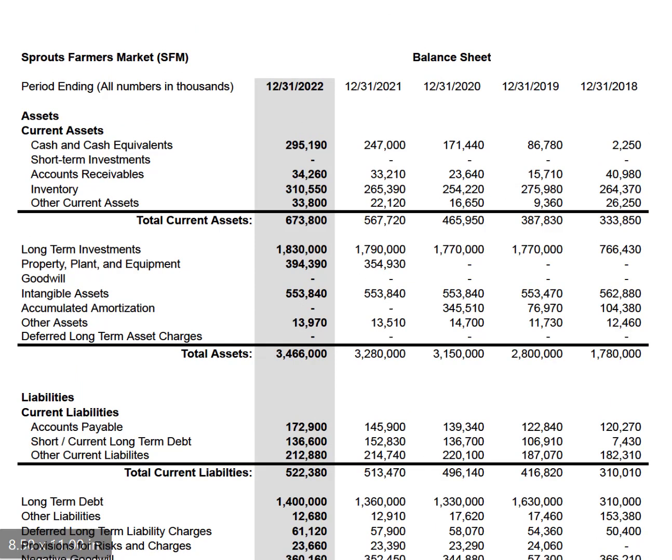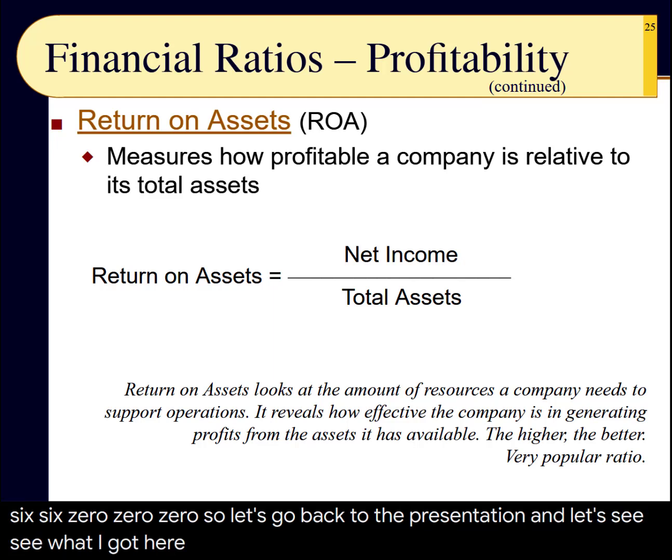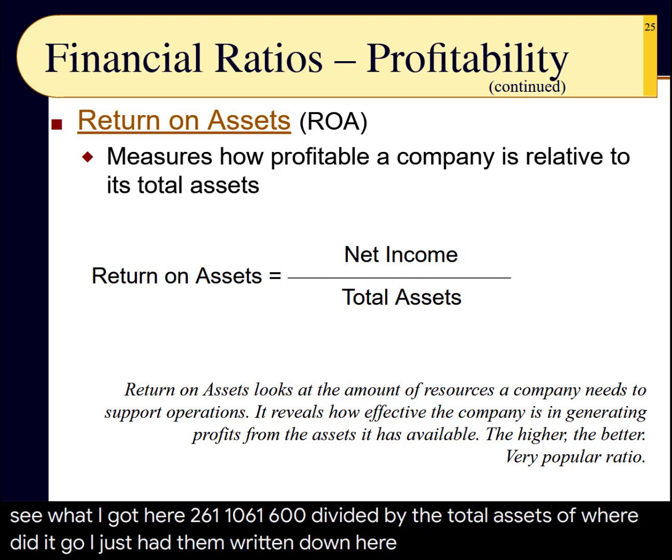So let's go back to the presentation, and let's see what I've got here. Net income 261,160 divided by the total assets of, where did it go? I just had them written down here. Total assets. Where did they go? I just lost them.